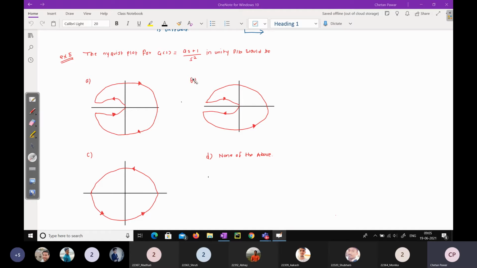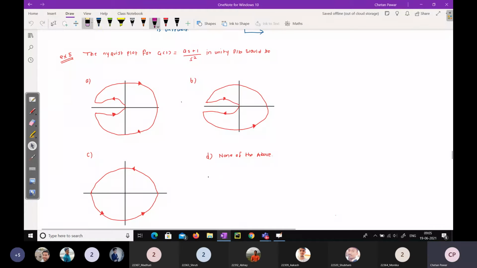So how to draw the polar plot? We convert into the frequency domain by replacing S by j omega. So j omega square will be minus omega square.